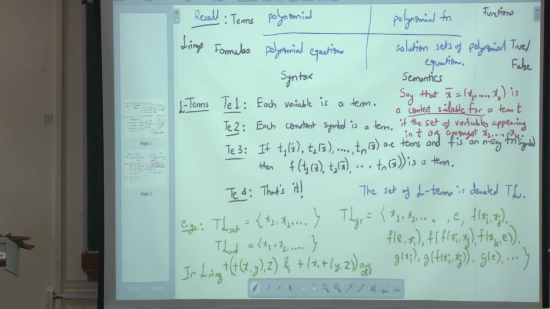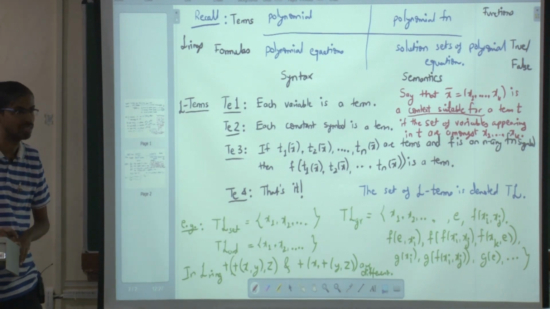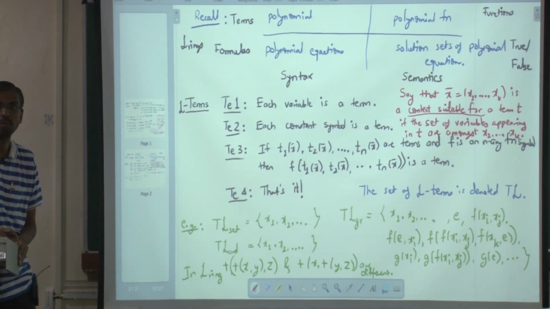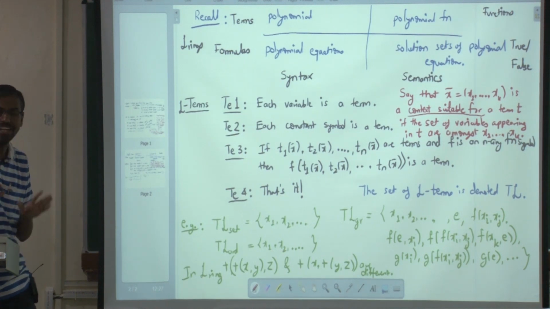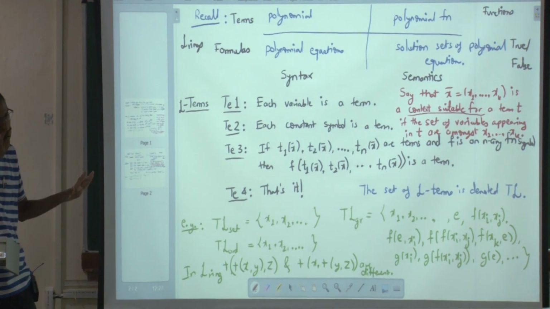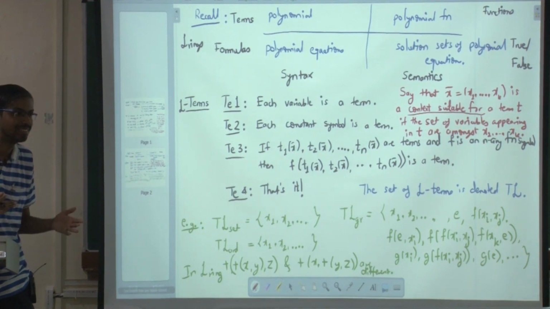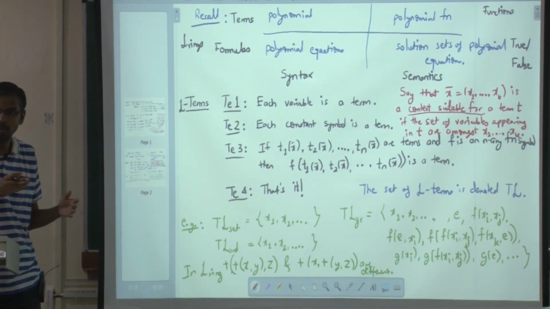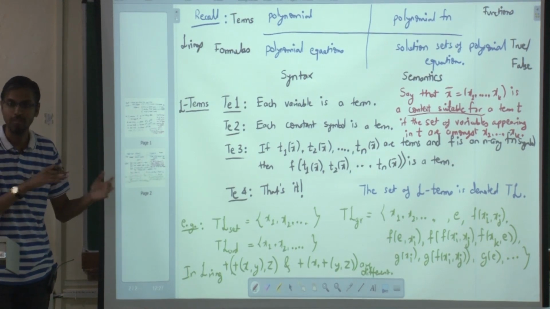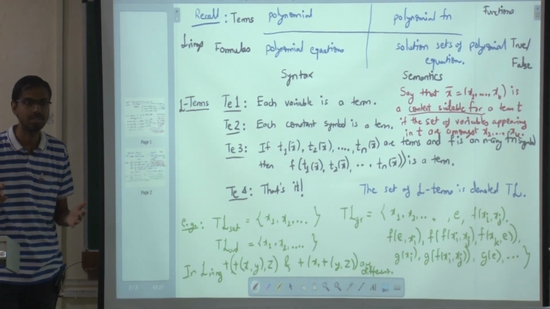Nobody told us that they are the same. Parentheses do matter at this point because we are just manipulating symbols. So technically speaking, polynomials are not terms unless you write them properly with appropriate parentheses.